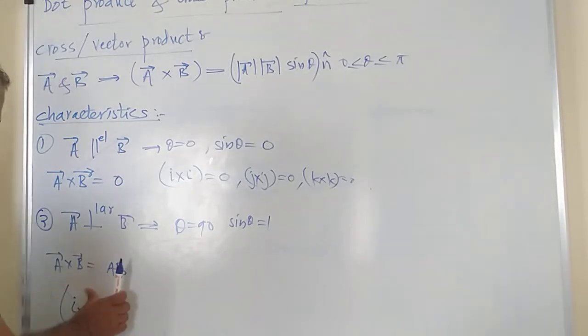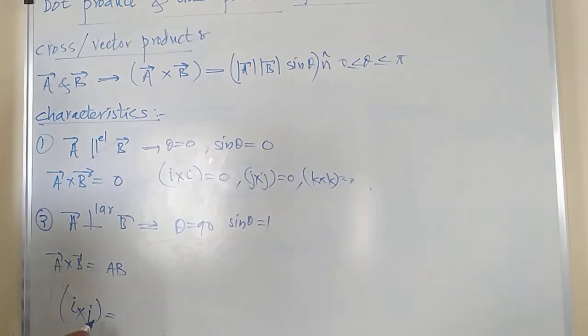And in a cyclic way, i cross j is 1, j cross k is 1, k cross i is 1.